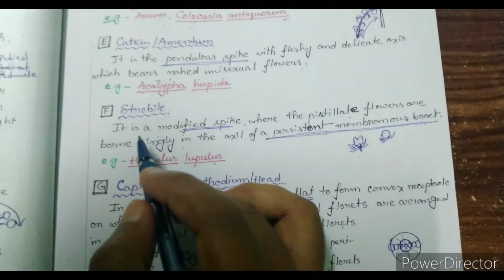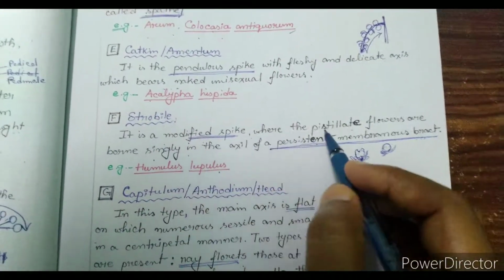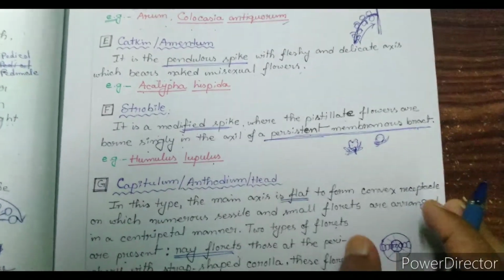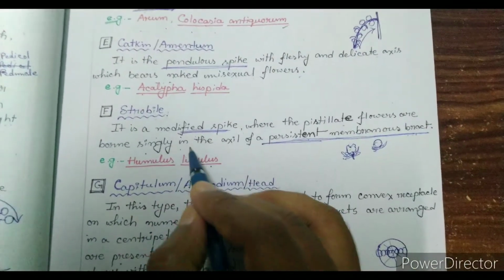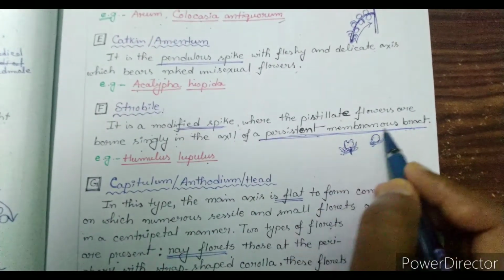Next we discuss strobile. It is a modified spike where the pedicellate flowers are borne singly, a single flower in the axil of a persistent membranous bract.